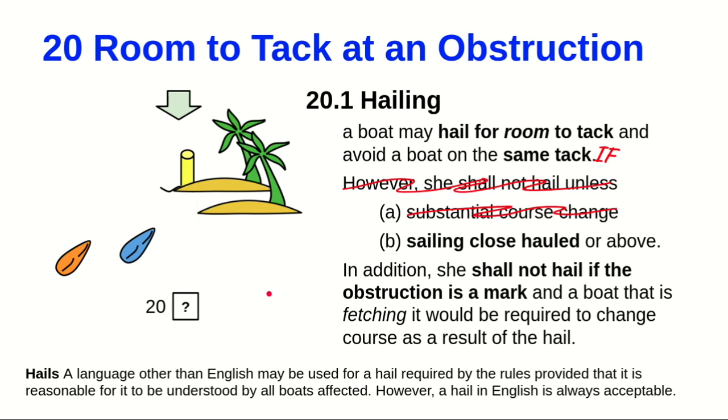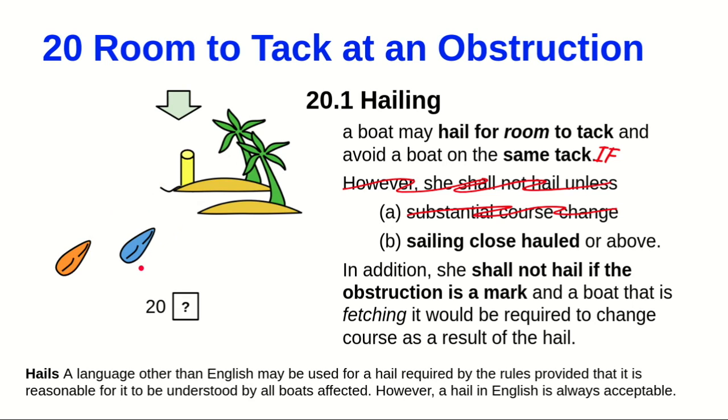Okay, but what about these two boats coming up to an island, which is now a mark? We've added a mark on the island. Well, in addition, she shall not hail if the obstruction is a mark and a boat that is fetching it would be required to change course as a result of the hail. So in this case, orange is fetching the mark, which means she can basically sail to it and round the mark.